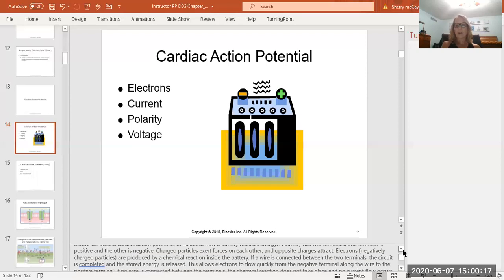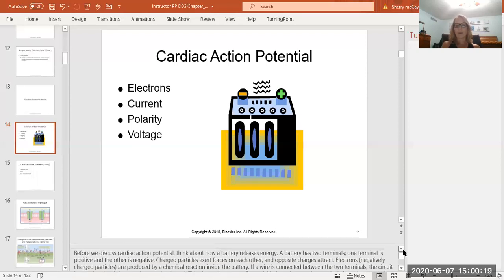So let's talk about how in a battery energy is released. A battery has 2 terminals. One terminal is positive, like I said, and one is negative. Charged particles exert forces on each other, and opposite charges attract. Okay, so opposites attract, remember that.